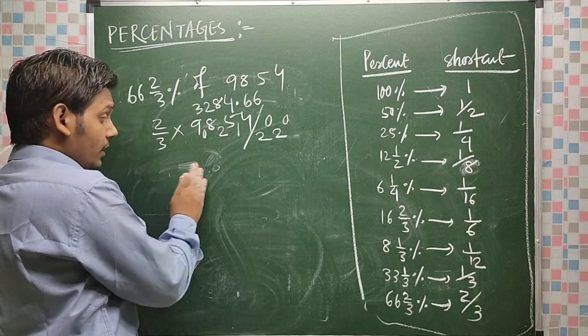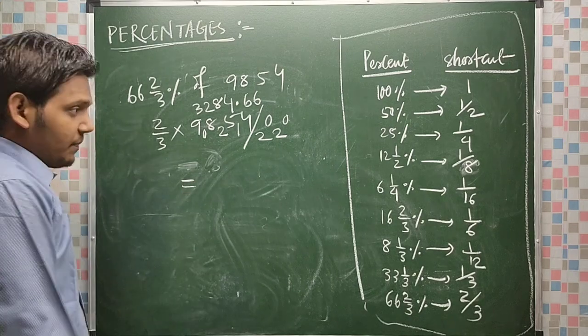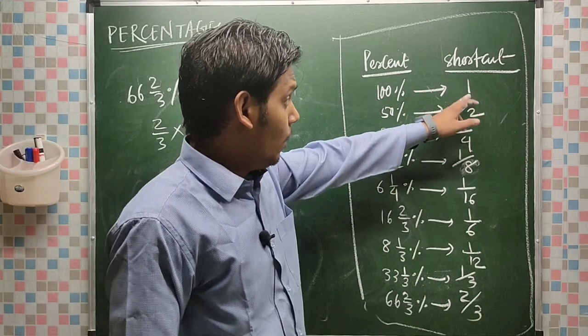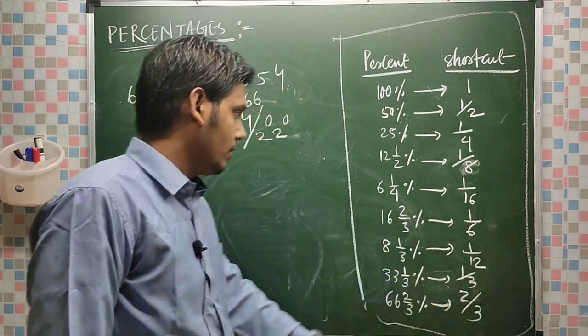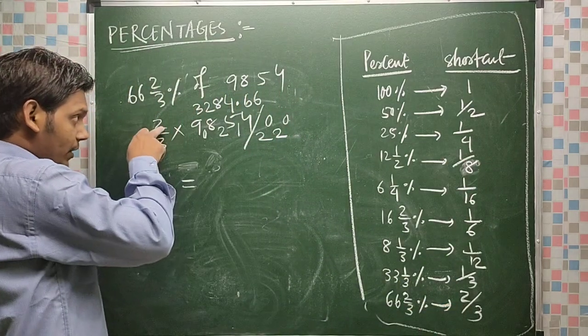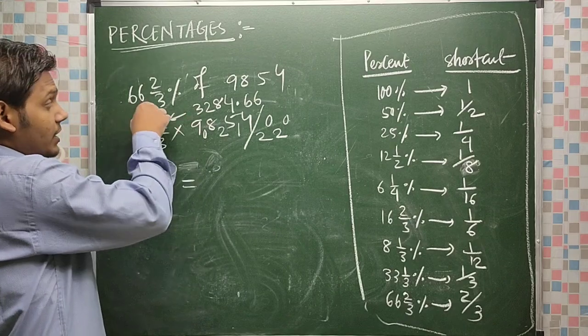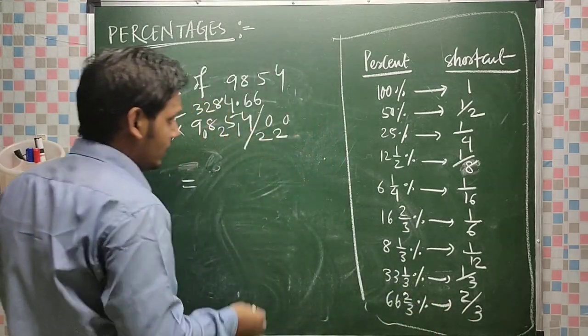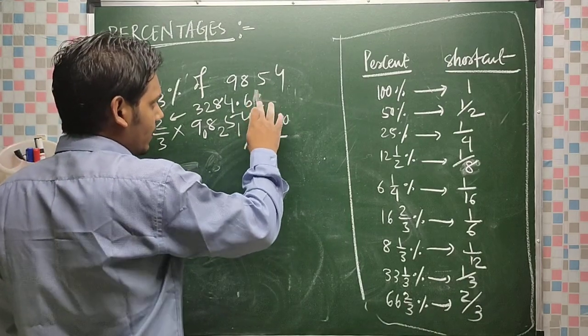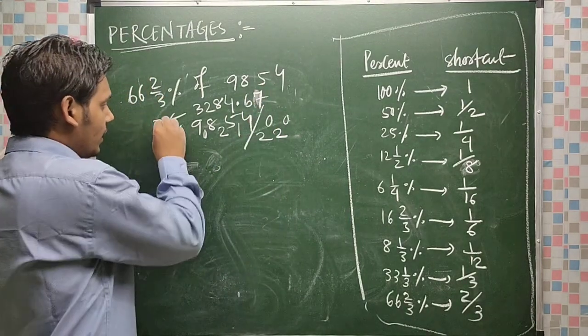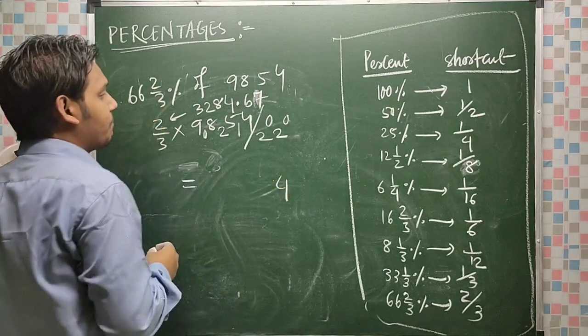Now maximum students commit a mistake here, because here all we have taken 1 by 2, 1 by 4, 1 by 8, 1 by 16, but here 2 by 3. This number will be multiplied again by 2, because it is 66 whole 2 by 3, that means 2 by 3. So now what you have to do: 2 6 12, otherwise make it 7, because this will be non-terminating. 2 7 14.